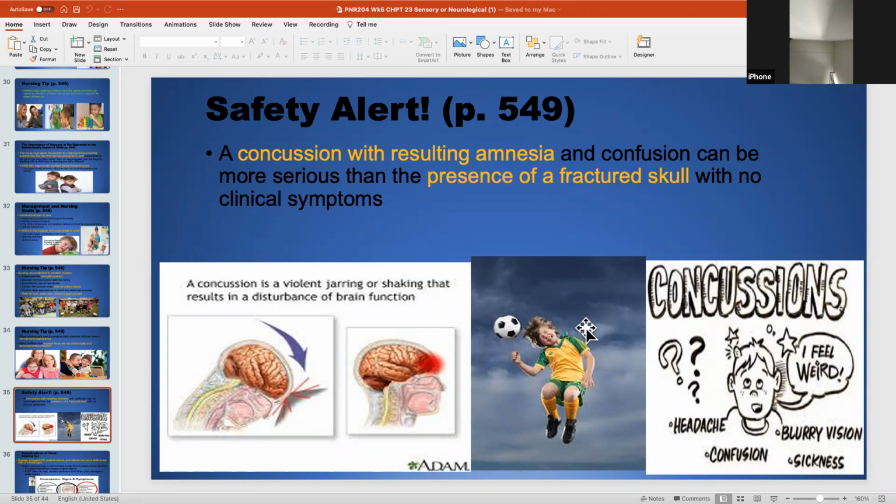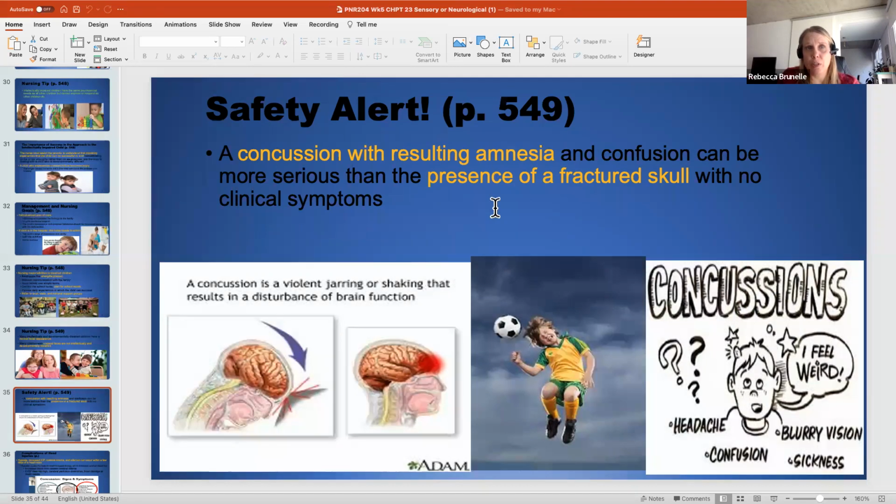When we're talking about pediatrics, obviously kids play sports, so sports-related injuries and concussions can happen. You need to be aware that when there's a concussion or head injury where the child either has amnesia or is really confused, that's more ominous than when they're just a little bit sleepy and then wake up and feel better.